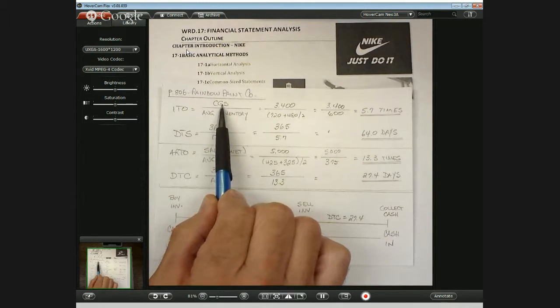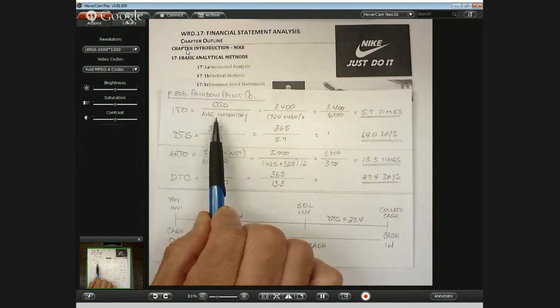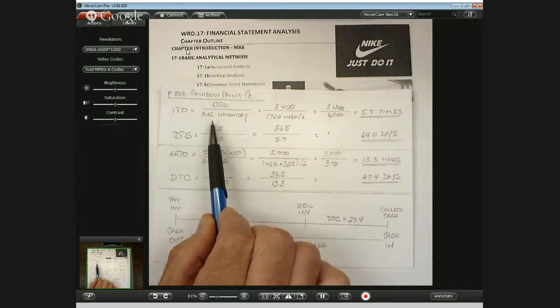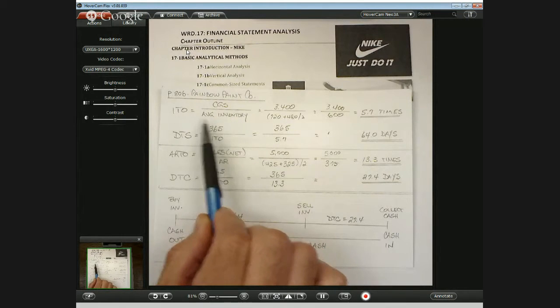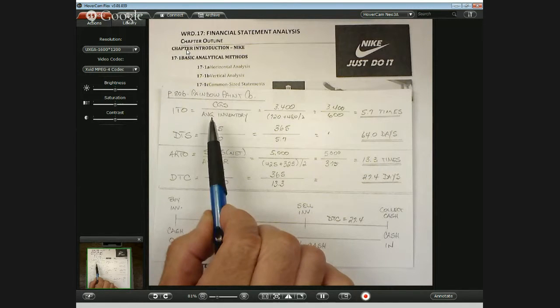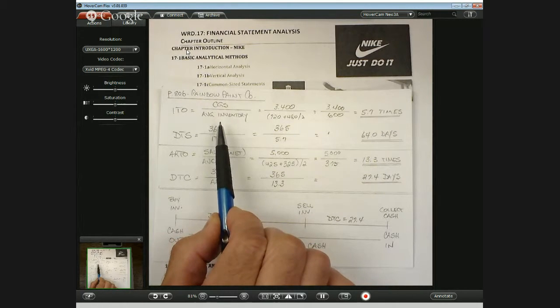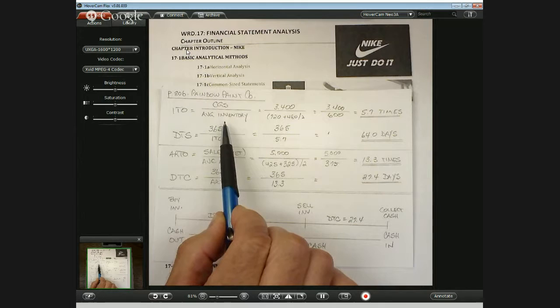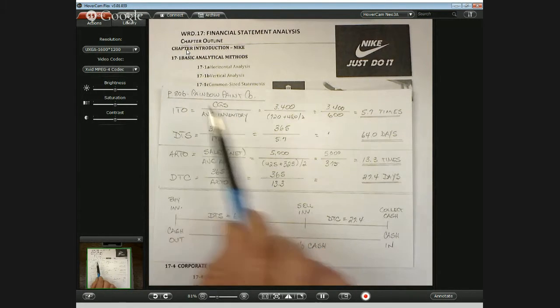The income statement information is over a year. The balance sheet shows you a point in time. So if we take the beginning point and the end point, on average, we have the inventory that would have been outstanding. We don't want any particular point to sway the ratio any great deal, so we take an average.